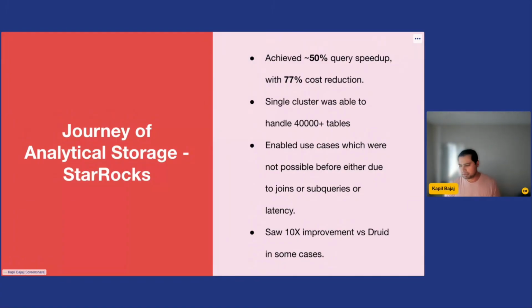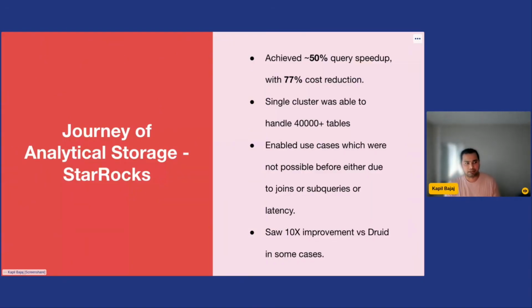Of course, enabling use cases which were not possible before because of lack of joins or subqueries was a big win for us, because after adopting or even trying StarRocks, we realized how big of a deal this was for our internal data science users, that they were able to run MySQL queries directly on our system.